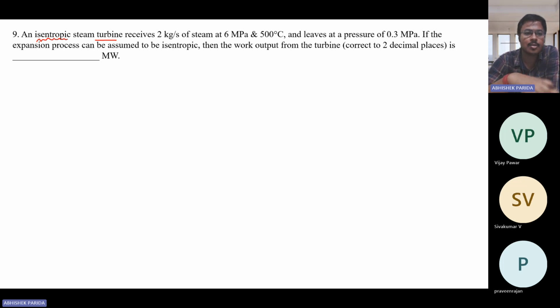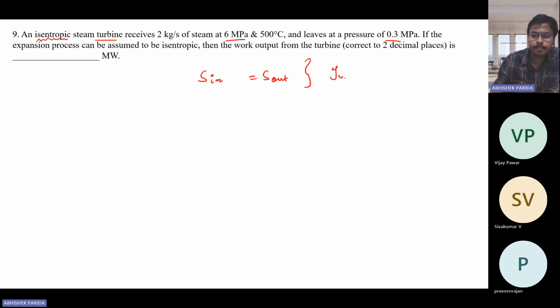If there is an expansion, there will be a pressure drop, and that is what we are seeing here, from 6 megapascal to 0.3 megapascal. If it is isentropic, that means S at the inlet of the turbine is equal to S at the outlet of the turbine.